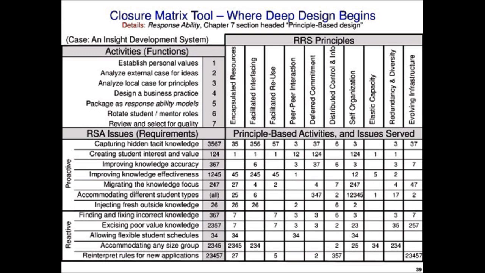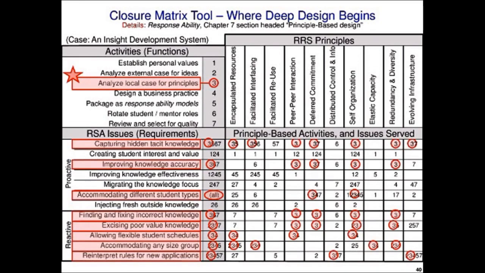And what we're doing down here in the lower right-hand quadrant is basically trying to pick an activity and ask ourselves, which of the response issues that we have does that activity deal with?